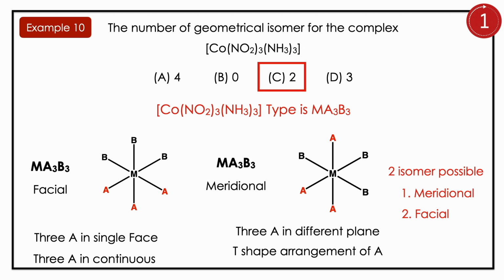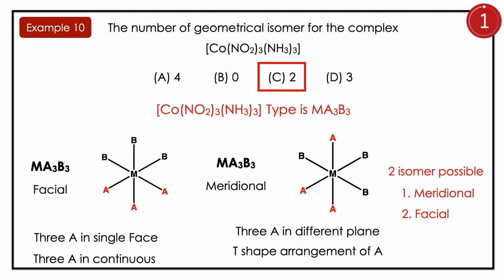Here, if you write the general formula, you can clearly see facial and meridional. Here, MA3B3: facial means if you draw all 3 continuous, meridional means discontinuous or T-shape. So 2 isomers are possible, that is meridional and facial.